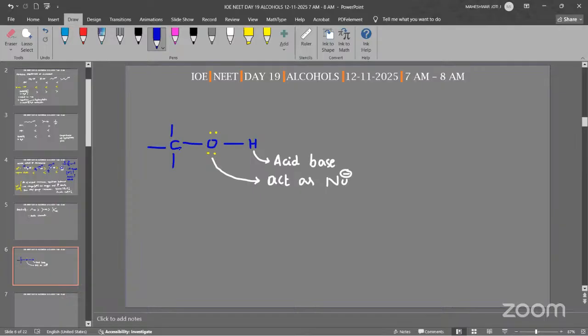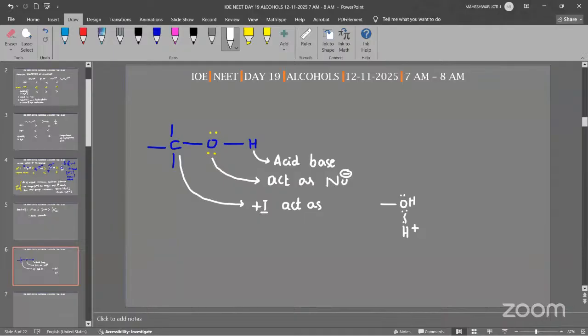Now, alkyl groups are electron donating groups, right? So due to plus I nature, they act as electrophiles. For example, OH is protonated. This lone pair is donated to the hydrogen or H plus from the acid.